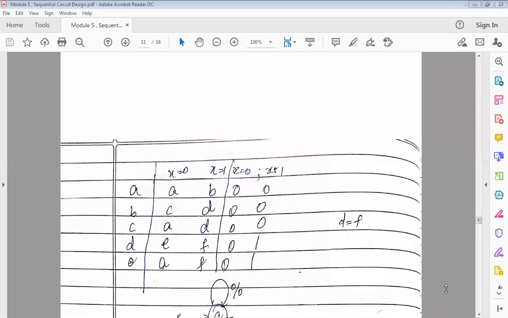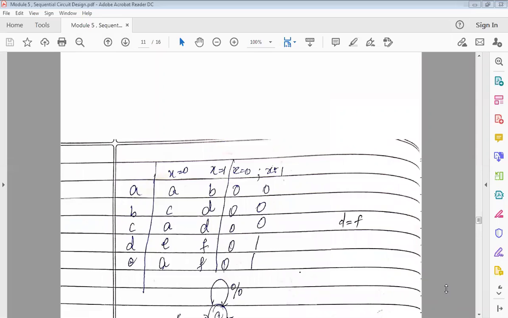Puneet, have you understood the concept? Puneet M. Yes, sir. Okay, fine. Stanley, have you understood? Yes, sir. Okay. How about Shiva?